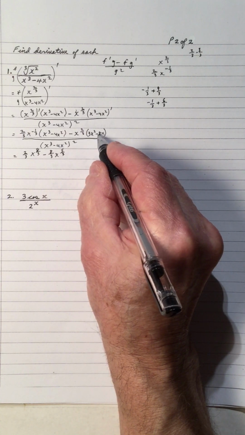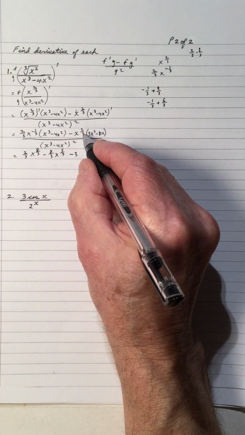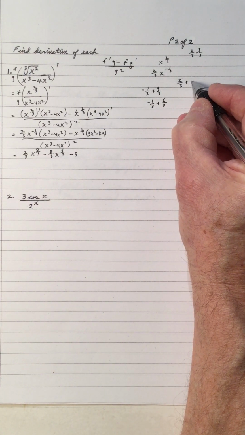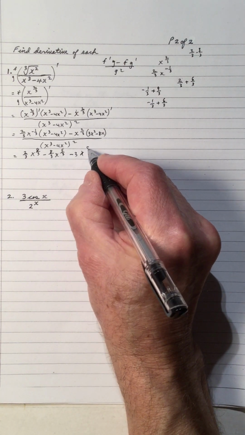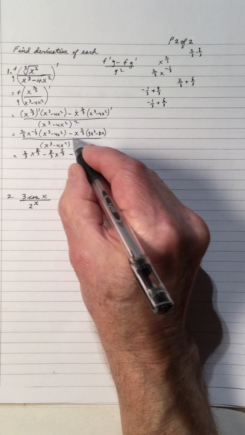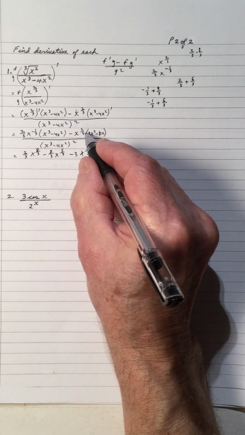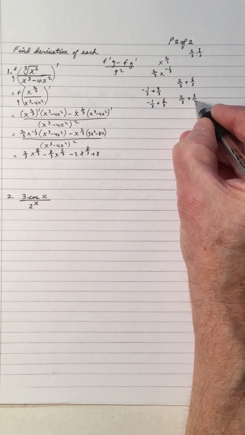And we multiply here, and we get a negative 3, and we got 2/3 add on 2, where 2 is 6 over 3, so that's x to the 8 over 3. Negative times negative is a positive 8, and we got 2/3 plus 1, where 1 is 3 over 3, so that's x to the 5 over 3.